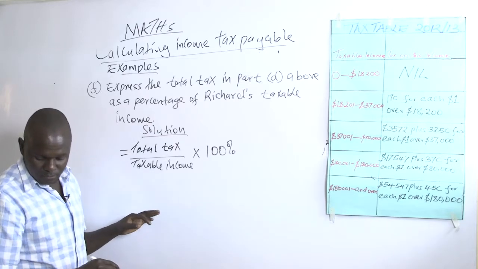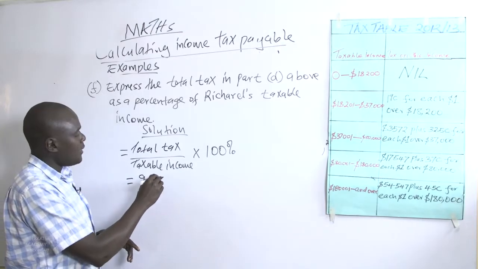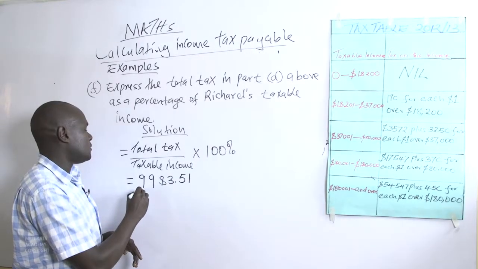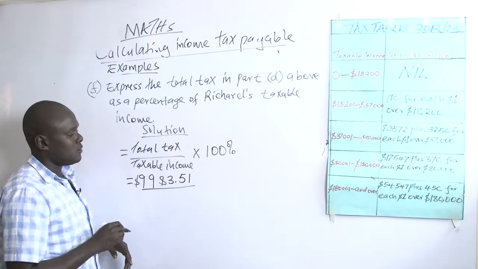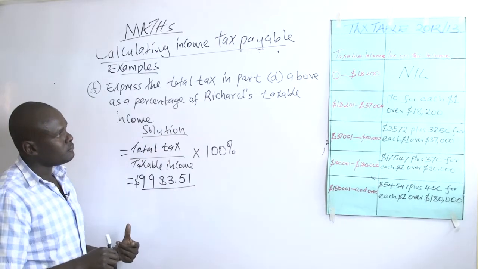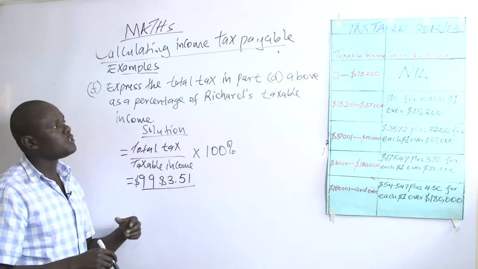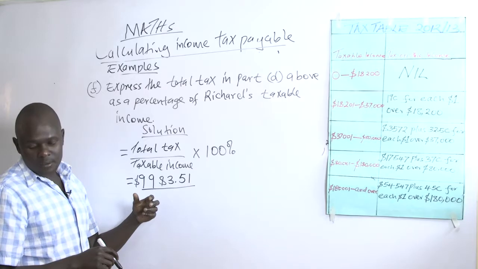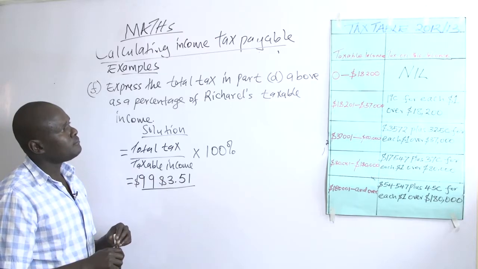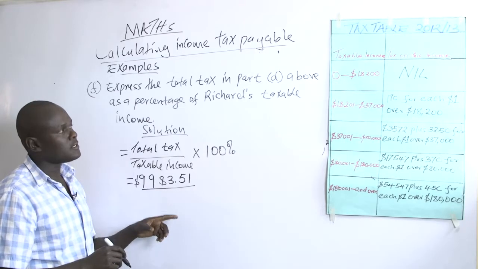Our total tax is $9,983.51, and Richard's taxable income we have already calculated, which is actually the difference between his gross income and the deductions due to work-related expenses and the donations.